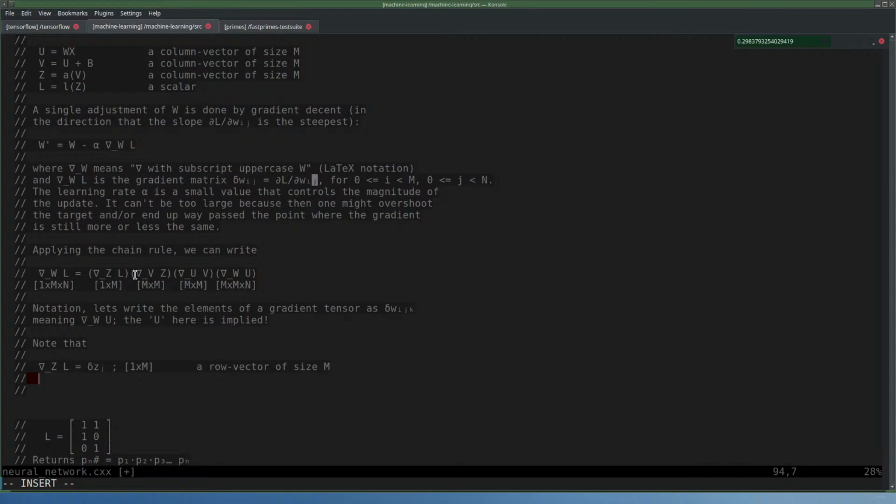And now we do the next one. So that is written as delta, and then we just use the v. And this is, well, ij. With the shape of mxm.